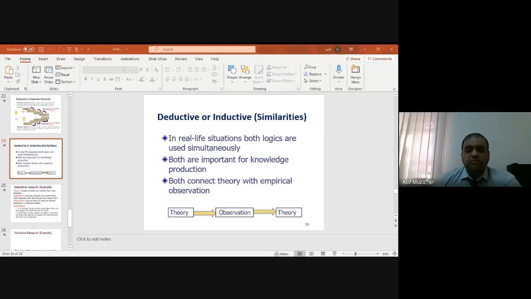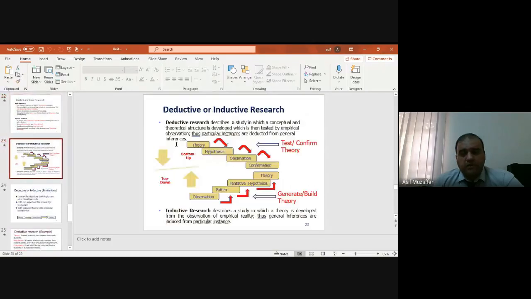Okay, so based on this one, just see the deductive and inductive approach. There are two types of approaches, deductive and inductive. Deductive approach, you can say it is to test or confirm theory. Whenever we say test or confirm theory, theory here means hypothesis.